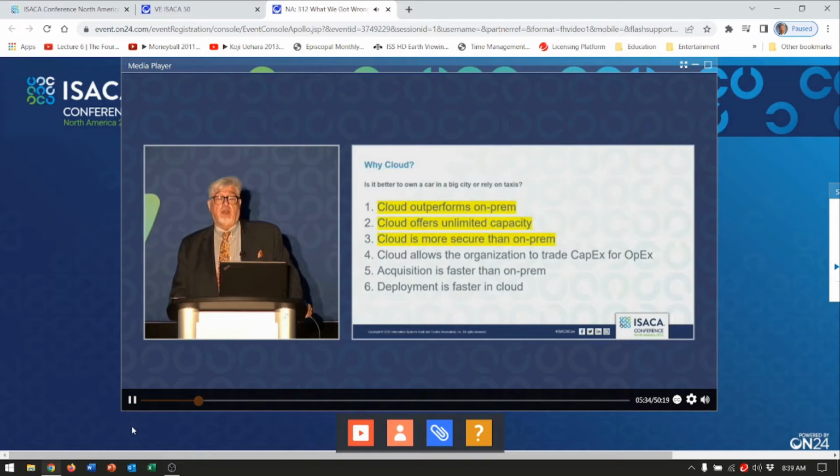Acquisition is faster than on-prem, and that led to one of the largest troubles that we had in conventional organizations, which is the fact that you have people inside who don't understand the importance of the 2-year procurement cycle, right? We can't have LAN, we can't have Wi-Fi, because you can't have a terabyte of storage.